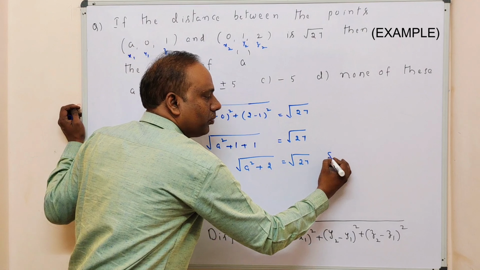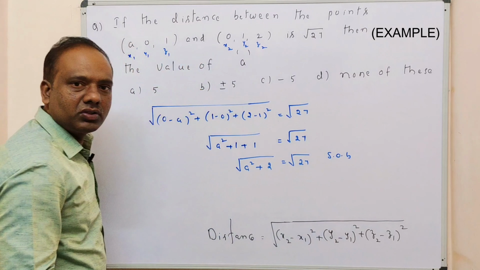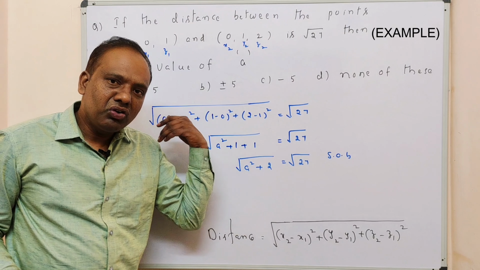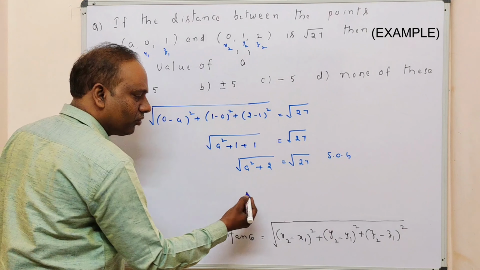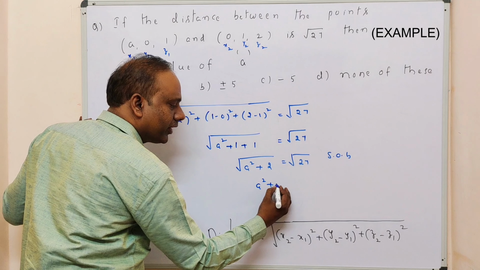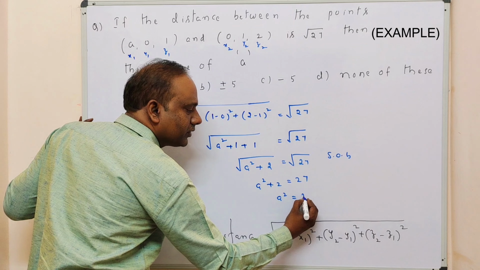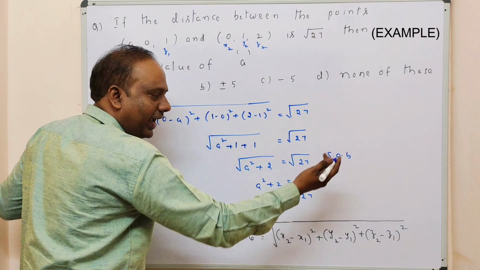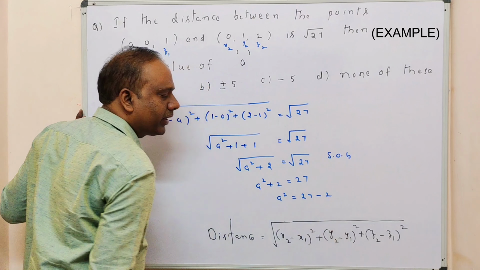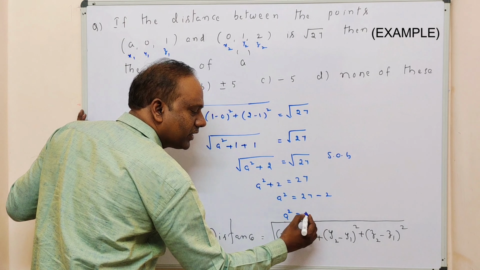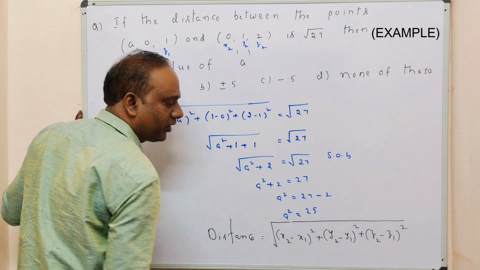Now squaring on both sides. So on both sides the square root will be cancelled. So directly you write a square plus 2 is equal to 27. A square is equal to 27 plus 2, you take it to the right side, it becomes minus 2. So a square is equal to 27 minus 2, which is 25.